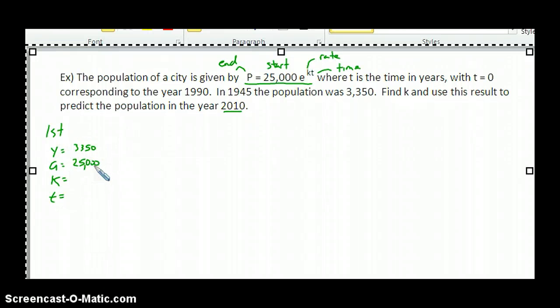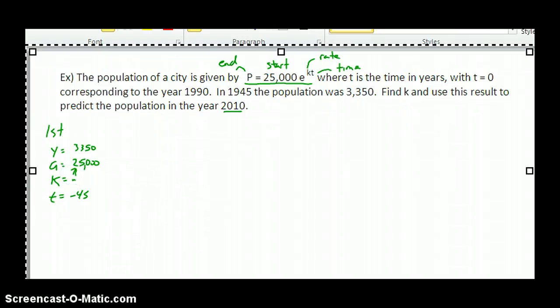Now that may not make sense to you, but it will in just a minute when we think about our time. So if this is what we started with, and our ending population is 3,350, that means we're going backwards in time. So our T is actually going to be negative 45 years, because from 1945 to 1990 is 45 years. But if we're talking about this being year 0, then 45 years before that would be negative 45 years. So our T is going to be negative 45, and our K is what we're trying to find.